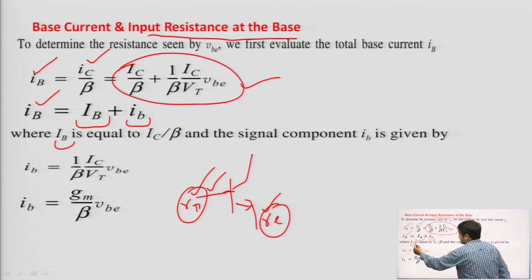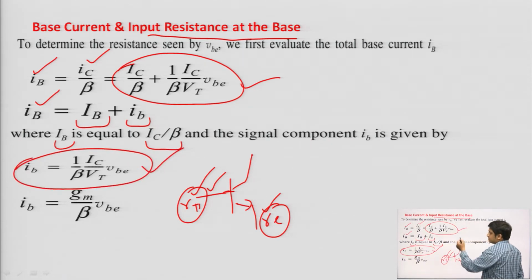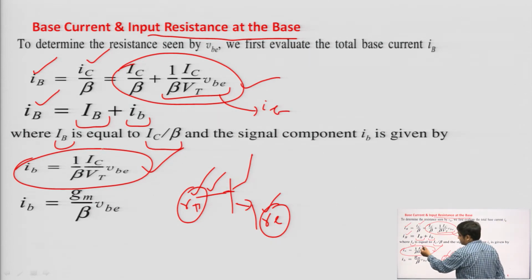So, IB is equal to IC by beta, and this small ib term we can write like this. Now, here IC upon Vt, we have calculated, is gm. So, ib is equal to gm by beta into vbe.